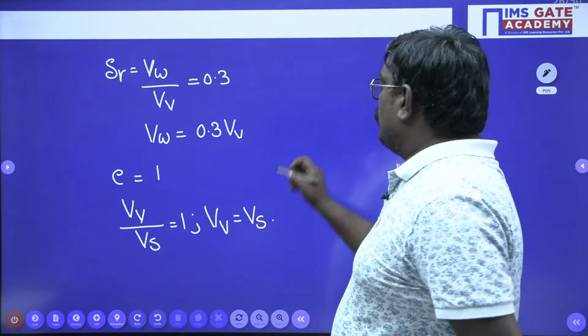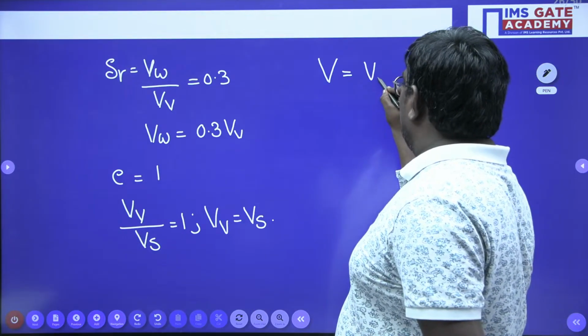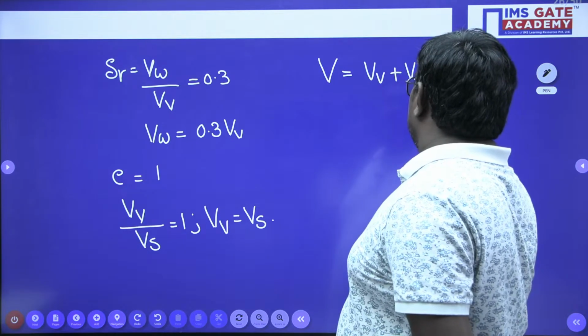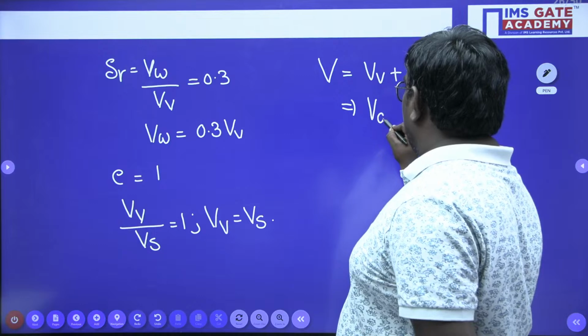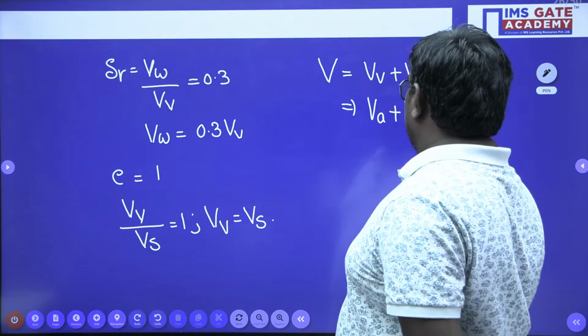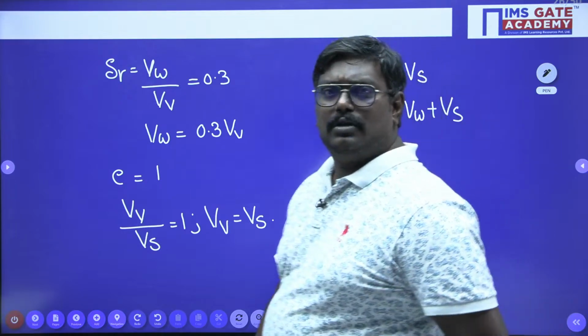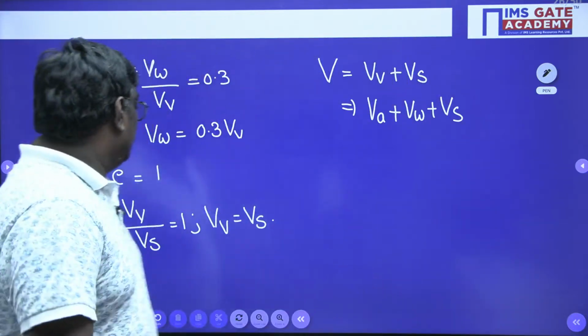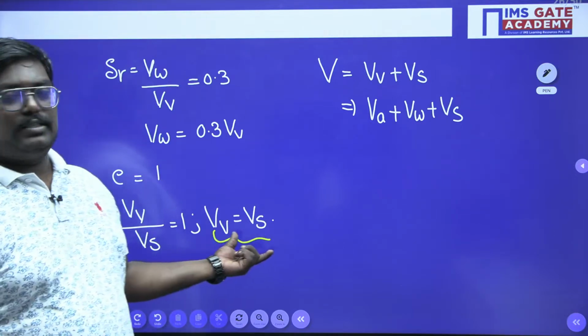So here what I can write, total volume is equal to volume of voids plus volume of solids. And here you can write volume of voids can be written as volume of air plus volume of water. Yes or no, my dear student? Here you have written volume of voids is equal to volume of solids.